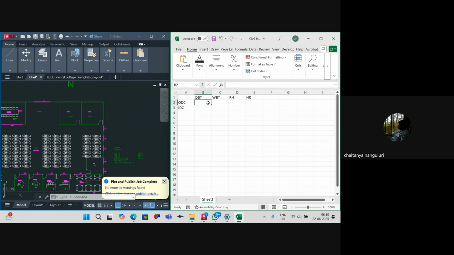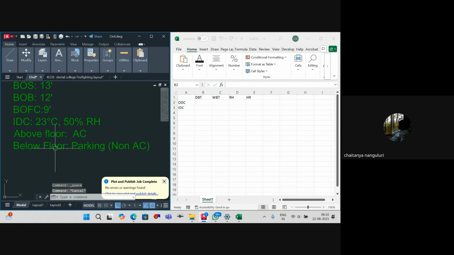Is it fine? So first and foremost, indoor conditions is 23 degrees centigrade, 50%. But what we were using till now is Fahrenheit, isn't it? So we will convert this centigrade into Fahrenheit for your indoor conditions. C is equal to 5 by 9 into (F minus 32), or you can always use Google to convert into Fahrenheit, which is simple, but let's convert it manually.